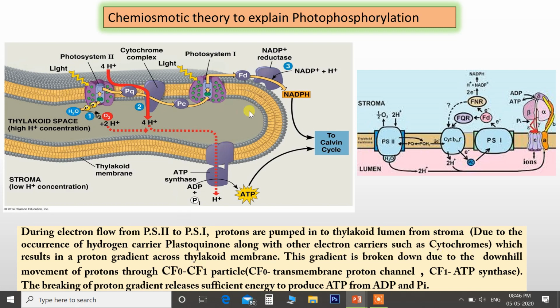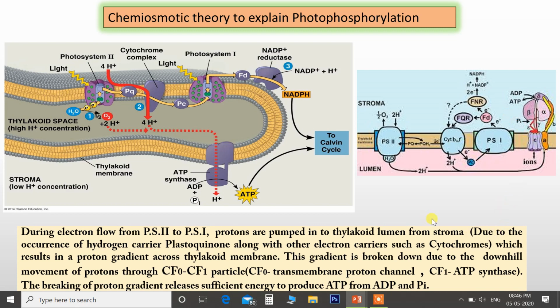This results in a proton gradient across the thylakoid membrane. Proton gradient means a difference in proton concentration on both sides of the membrane. This gradient is broken down due to downhill movement of protons through the CF0 CF1 particle, of which CF0 is the transmembrane proton channel and CF1 is the ATP synthase. The breaking of the proton gradient releases a sufficient amount of energy to produce ATP from ADP and inorganic phosphate.